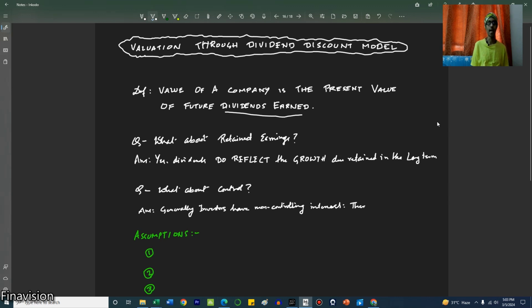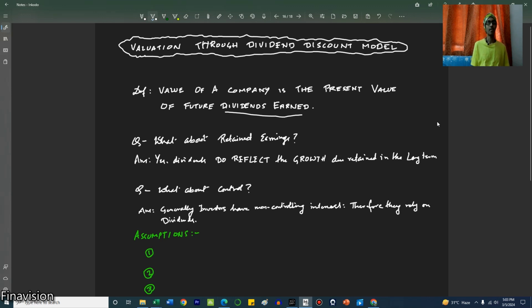Therefore, they have to rely on dividends. Yes, dividends do reflect the growth. If the retained earnings makes a company grow, then the dividends will also grow and the valuation will reflect that.